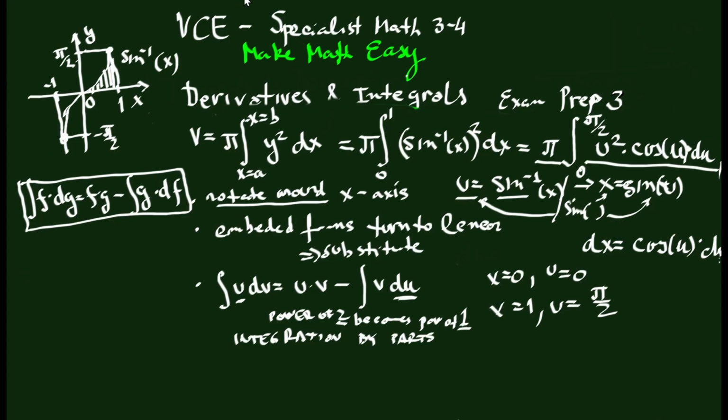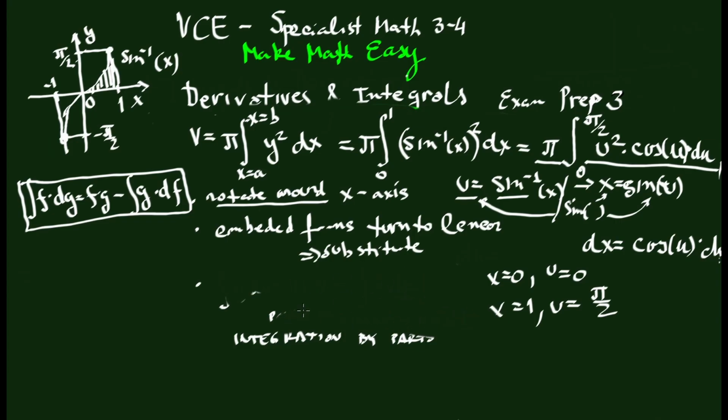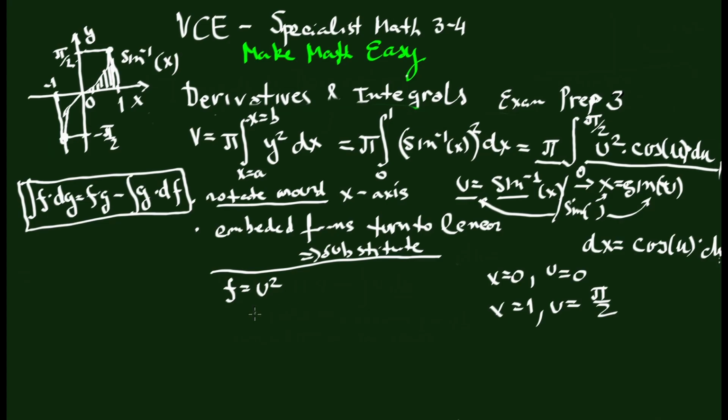So now we can remove the formula from here. So now we can rewrite. So we want f, so our f is u squared.